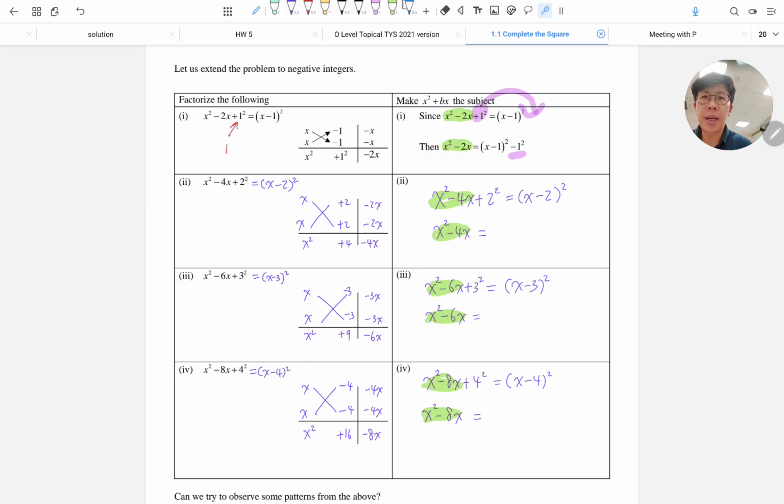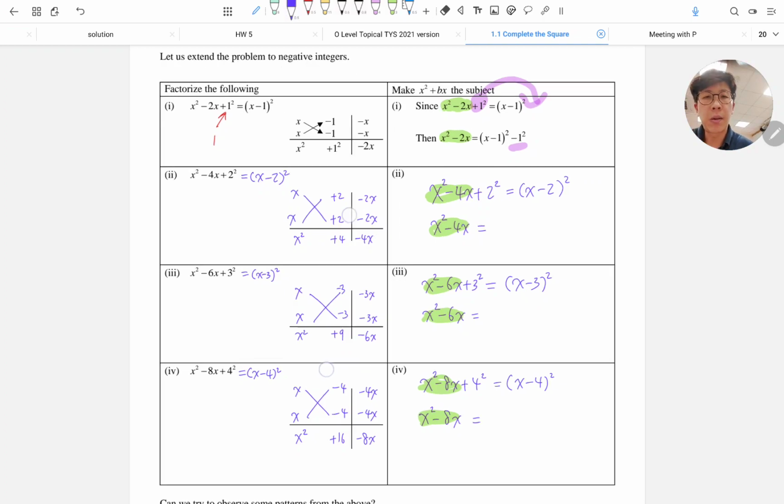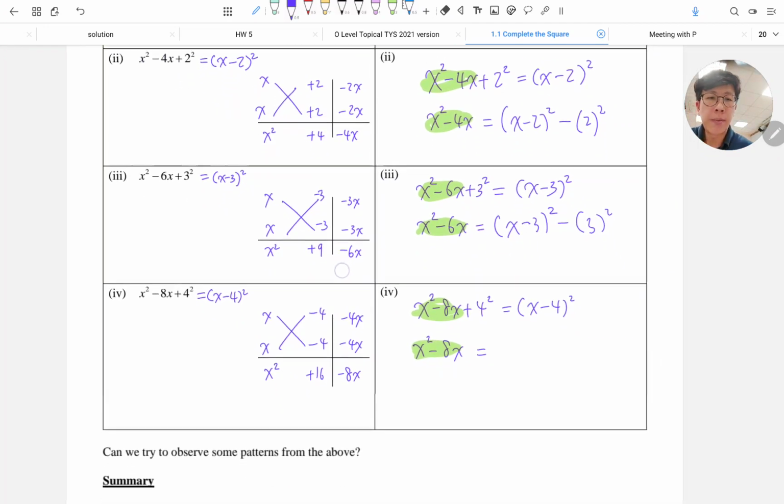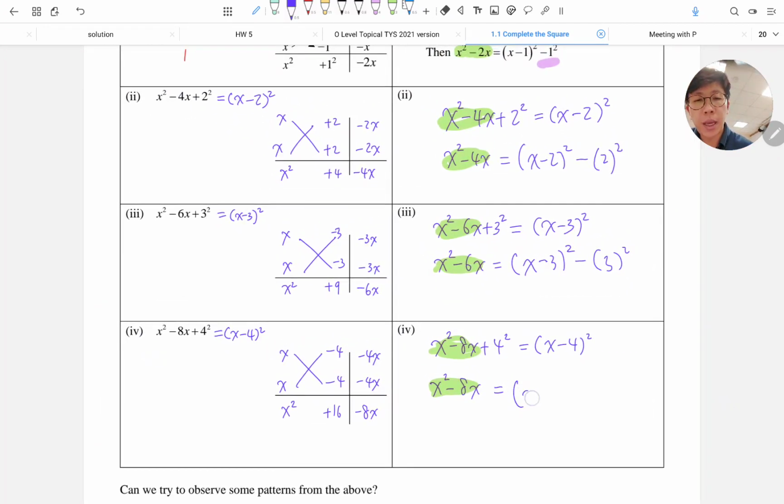So, please check that what you get for part 2 should be x minus 2 whole thing squared minus bracket 2 whole thing squared. Next one, x minus 3 whole thing squared. Sorry, pardon me for the handwriting. Minus 3 whole thing squared. And the last one is x minus 4 whole thing squared minus bracket 4 squared.